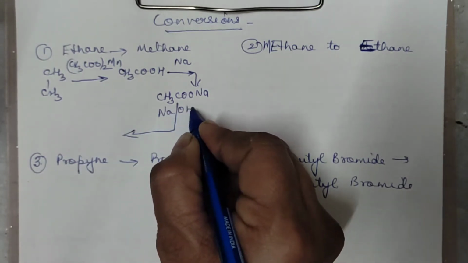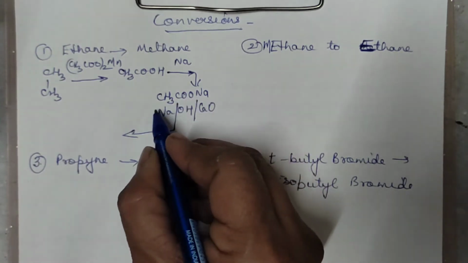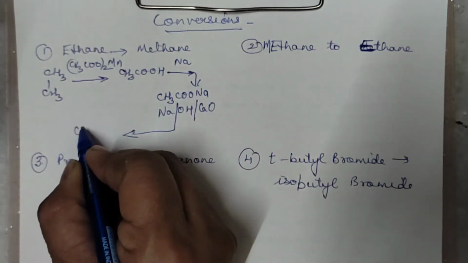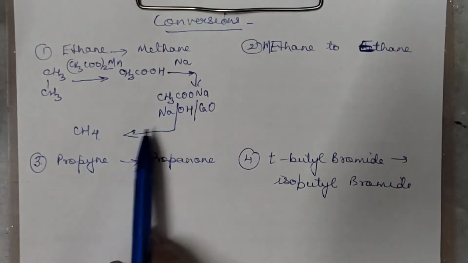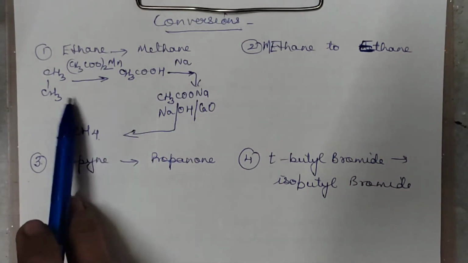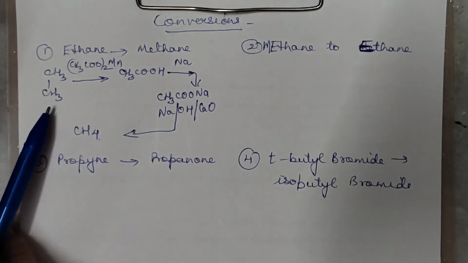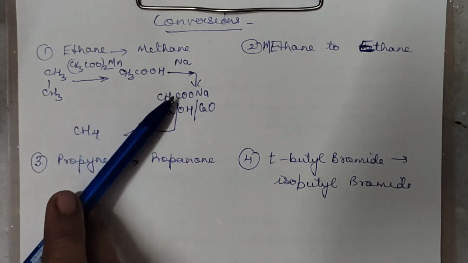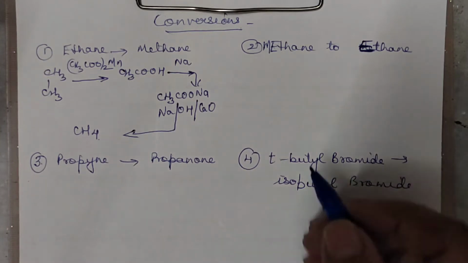Soda lime is NaOH, lime is CaO. You will get decarboxylation. That means 1 carbon atom less will be obtained, that is methane is obtained. Right? So if you have to decrease the carbon atoms, you will remember decarboxylation. To get that, we first convert ethane to acid, acid to the sodium salt, and then soda lime. So this is how you will be writing the conversions.